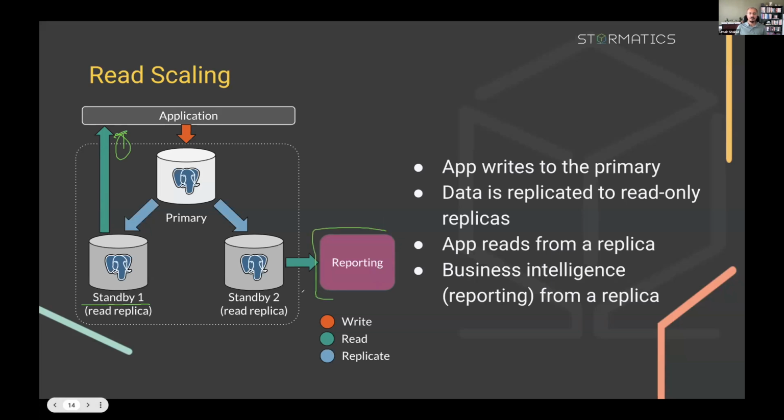These requests are being serviced by standby number 2, which is also a read replica. There is load balancing, which means that this primary right here no longer is servicing any read request. So that load is reduced. It gets balanced out to standby 1 and standby 2. So that is definitely an advantage. You can kind of split out those loads amongst the different nodes within this cluster.